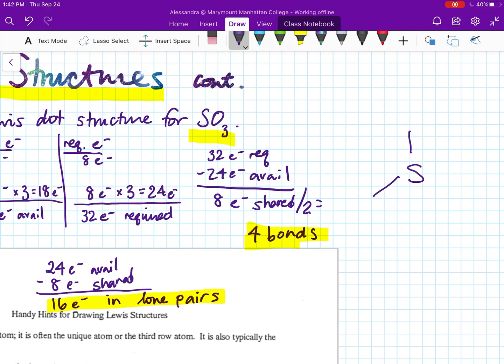I'm going to start by drawing the single bonding, or the sigma bonding framework, for the molecule with the oxygen atoms. Oops, that's not a very pretty oxygen. With the oxygen atoms singly bonded to the sulfur in the middle. However, I have one additional bond that I need to spend according to my calculations here. So I'm just going to arbitrarily put that bond here.